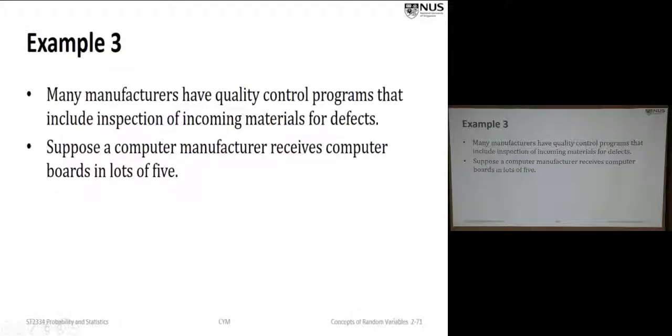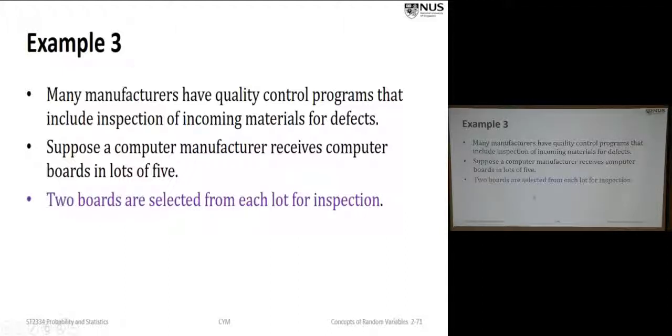Okay, so here is another example. Manufacturers have quality control programs. We inspect the incoming materials for defects. Suppose the computer boxes we receive come in lots of 5, and we select 2 of them for inspection.